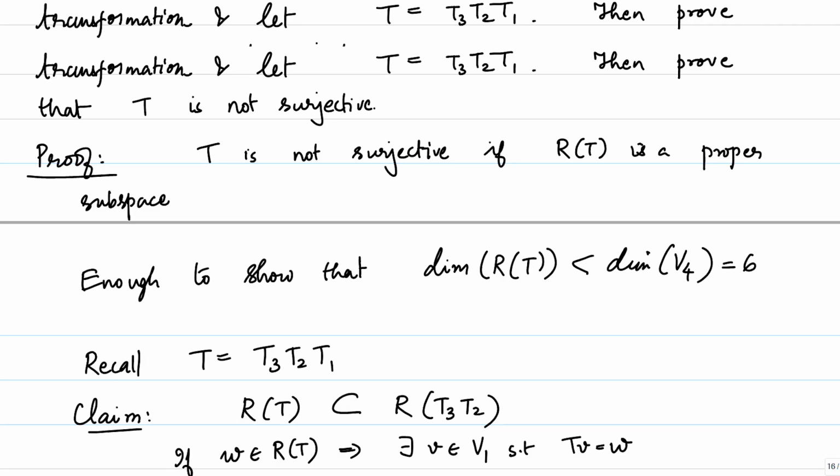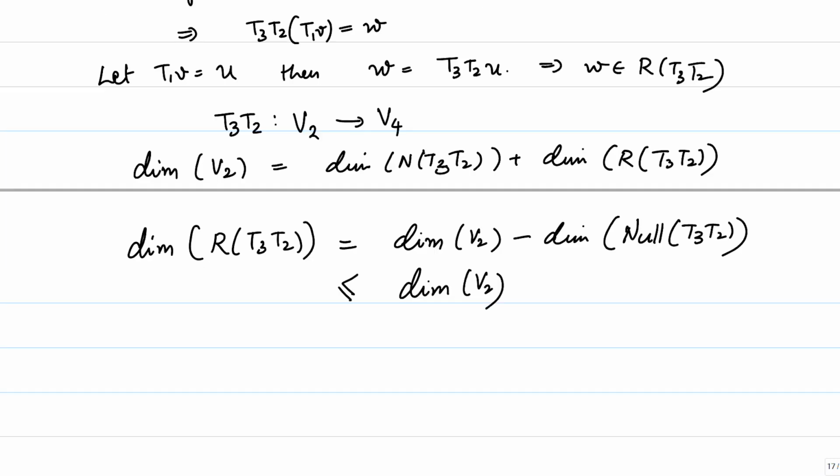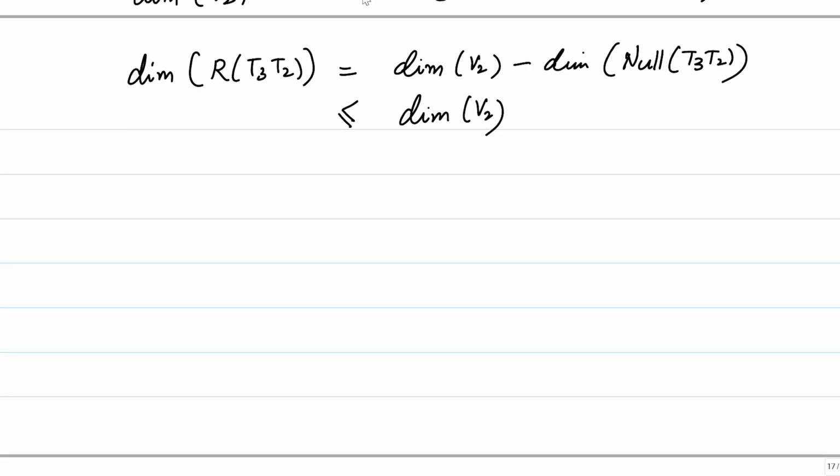What is the dimension of V2? Let me go back and show it to you. Let me box it in green. It's equal to 5. So what we have established here is that the dimension of the range space of T3, T2 is less than or equal to 5.